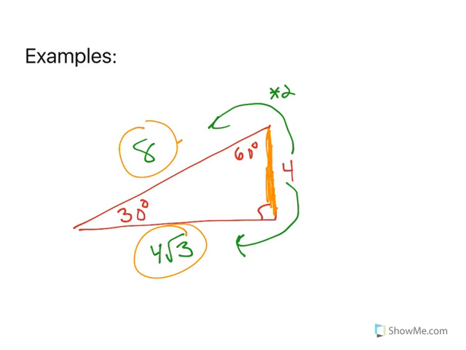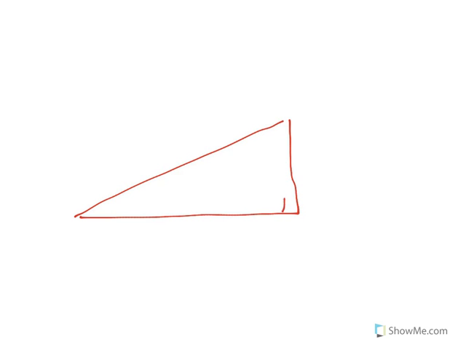Now let's do another example. So let's say I had this as my right triangle, and let's say this was my 30, and this was a 7. So how do you get to the hypotenuse?